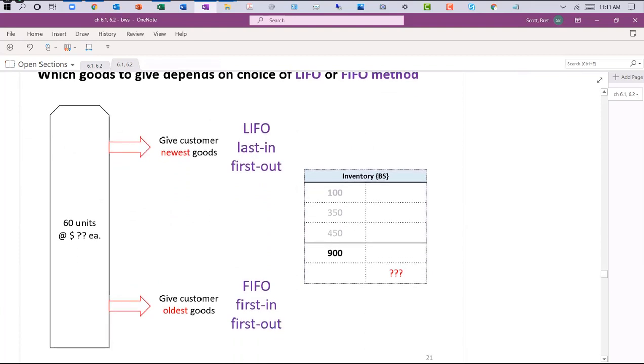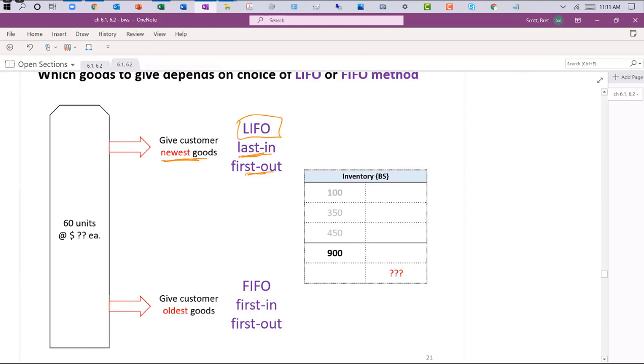So if we have a specific method by which we pull the goods, that's going to determine the cost method for the inventory that we sell. So in the case of if we pull from the top, the newest goods, we're going to use what's called a LIFO method. A last in, first out. The last stuff that we bought, the most recent, is the first stuff that we sell.